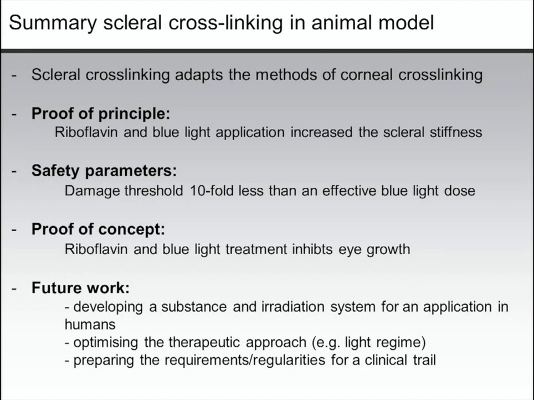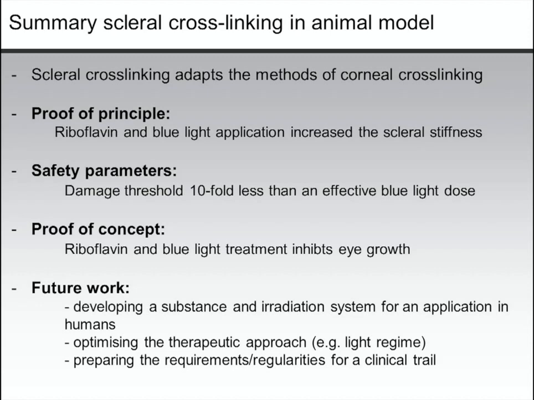In future work, we have to develop a substance application and irradiation system for use in humans, because the images I presented were from the early stages with inconvenient adapters, and that is not really applicable to humans. That means we have to develop a new medical device for that.